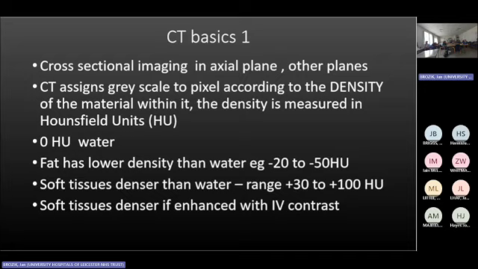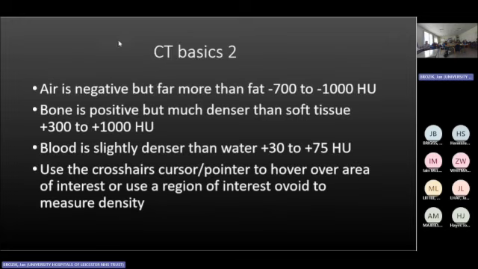Fat has lower density than water, so it's typically between -20 to -50 Hounsfield units. Soft tissues are denser than water, typically from +30 to 100 Hounsfield units. And if you give an injection of IV contrast, soft tissues enhance, they get denser, so the densities might be different.